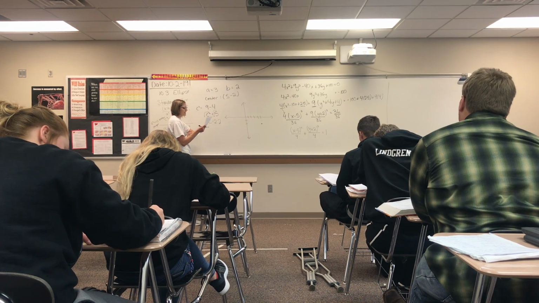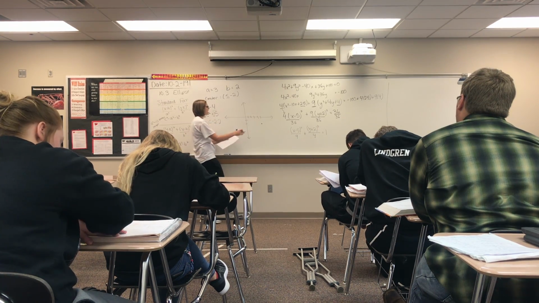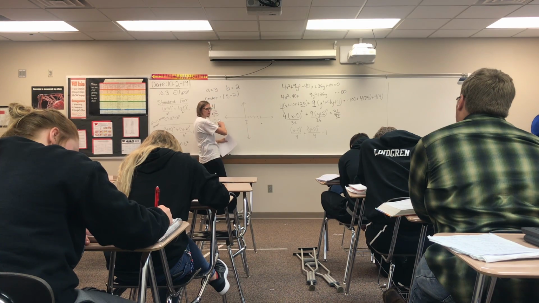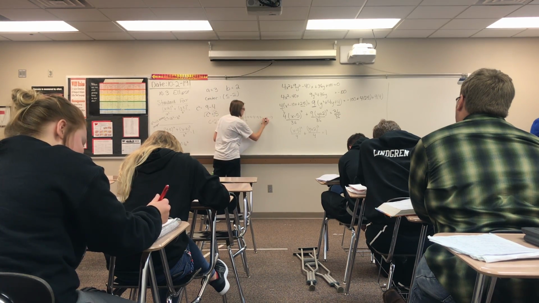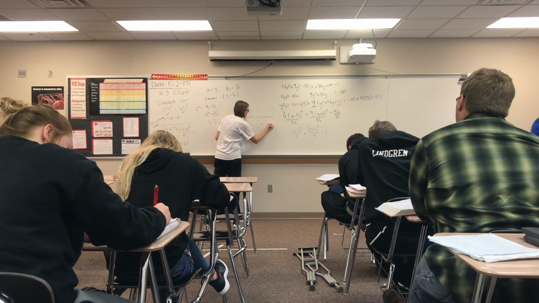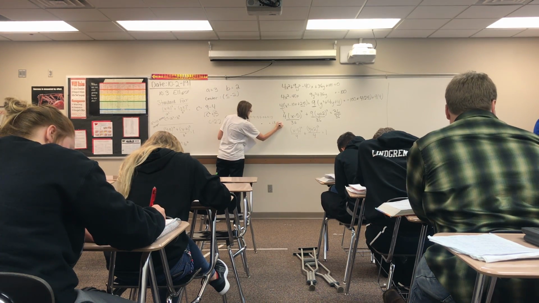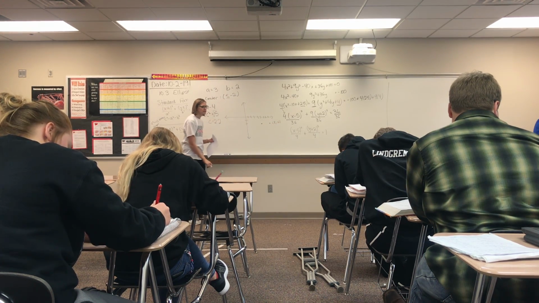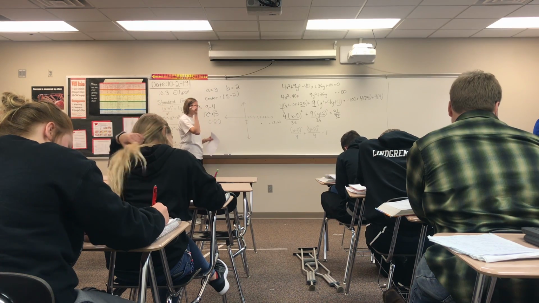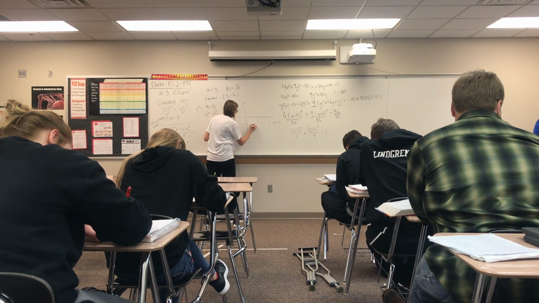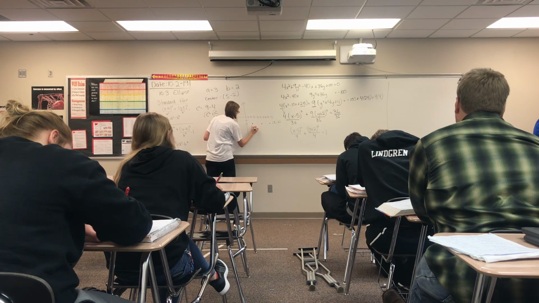Now A. I know this is horizontal, so this time my A is going to go horizontally. What is my A value? 3. So I know I have to go 3 to the right, which puts me at what point? This would be 8, negative 2. And then I have to go 3 to the left, which would put me at 2, negative 2.